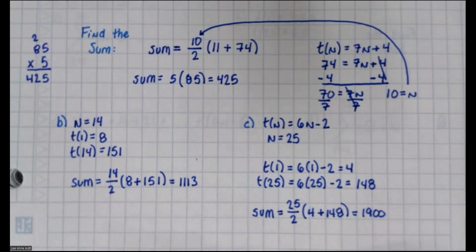So I plugged in 1 to get term 1, and I plugged in 25 to get term 25. And then I put here term 1 and term 25. And then you got it out. The equation is magical. It gives you any number that you want on the whole series.